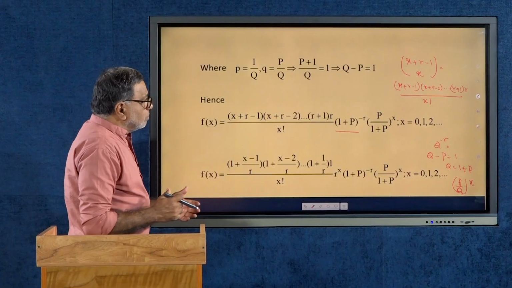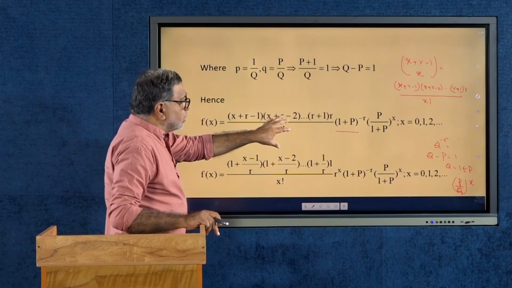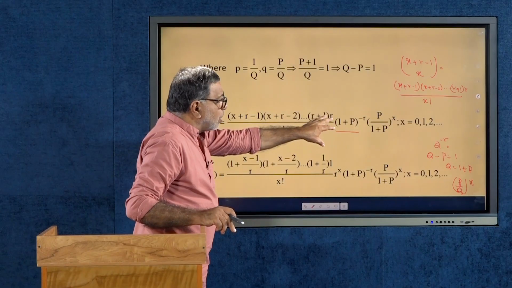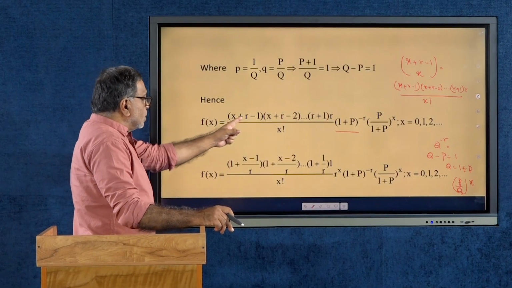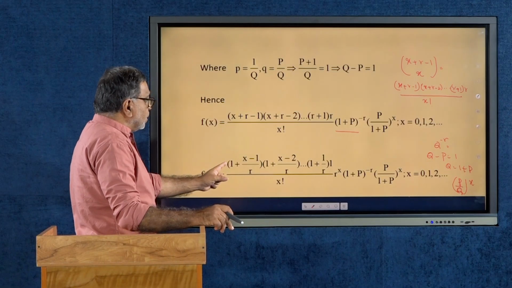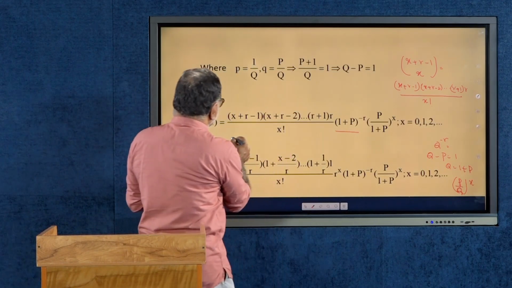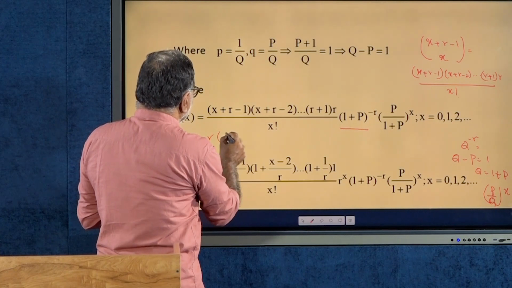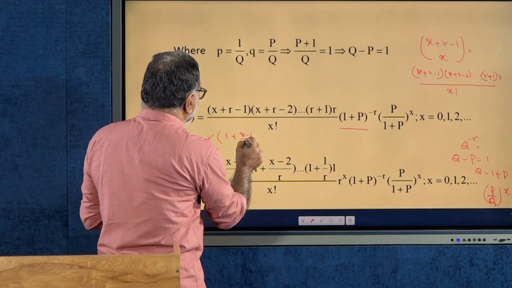And again, this x plus r minus 1, x plus r minus 2 etc. up to r plus 1 into r, is converted such that r is taken outside. So, this is actually x plus r minus 1 is r into 1 plus x minus 1 divided by r.